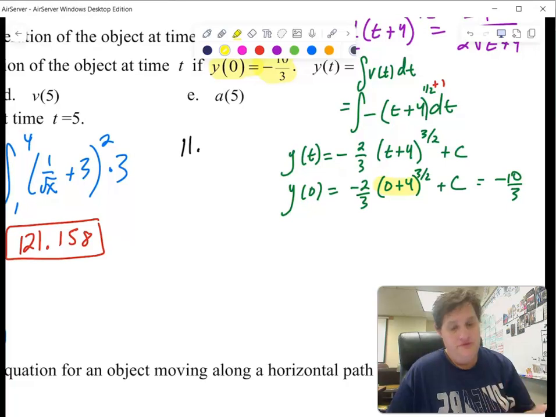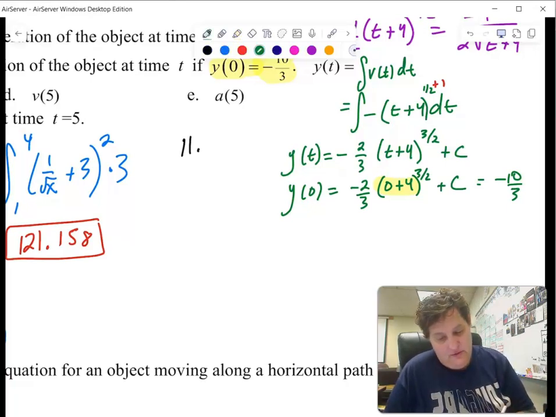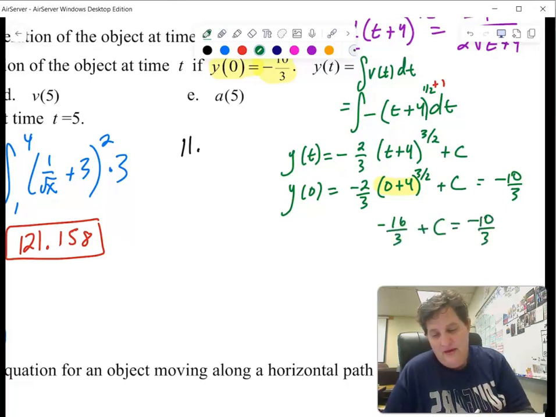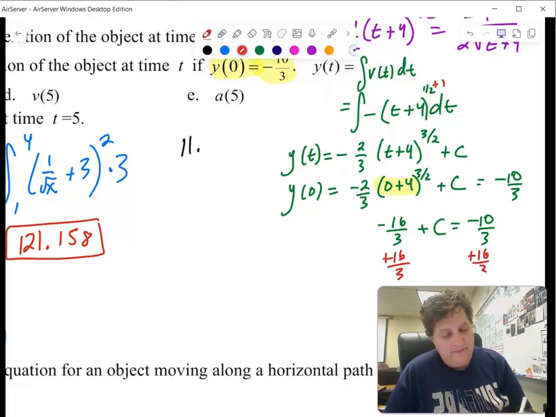Square root of 4 is 2, 2 to the 3rd is 8. So -2/3 times 8 is -16/3. If I add 16/3 to the other side, I get 6/3, which is 2 for c.